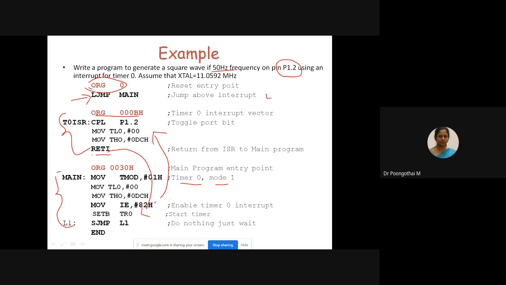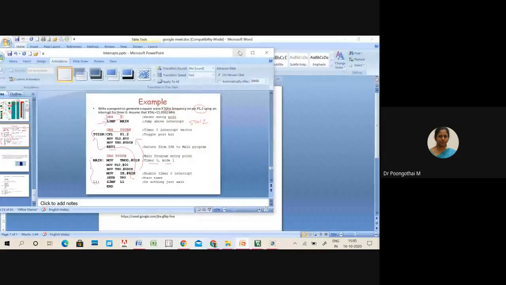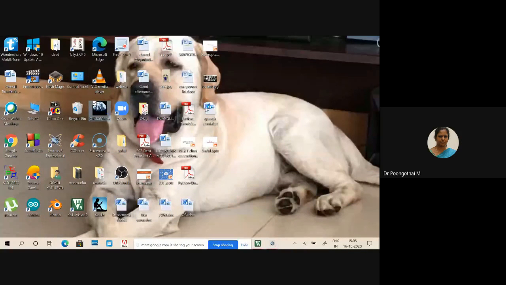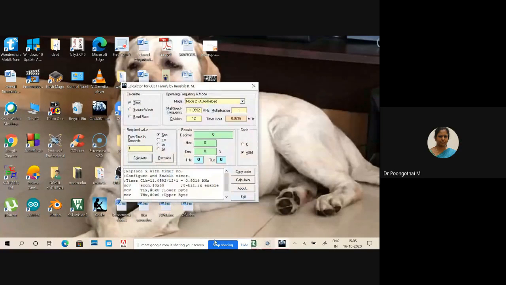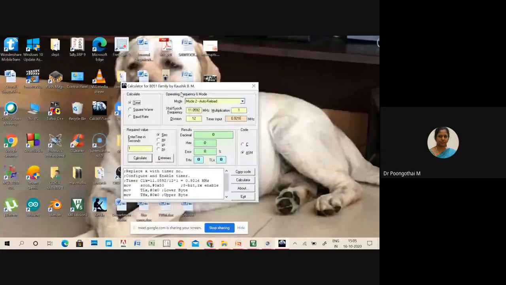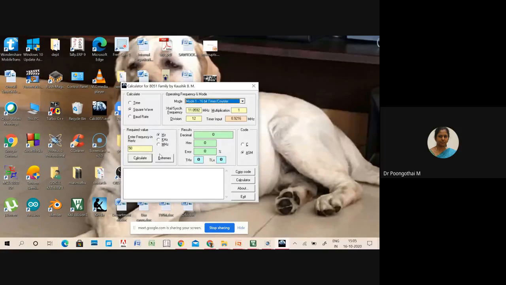Find out the timer value for the 50 Hertz square wave, select mode 1 and calculate. So the value is DC00.